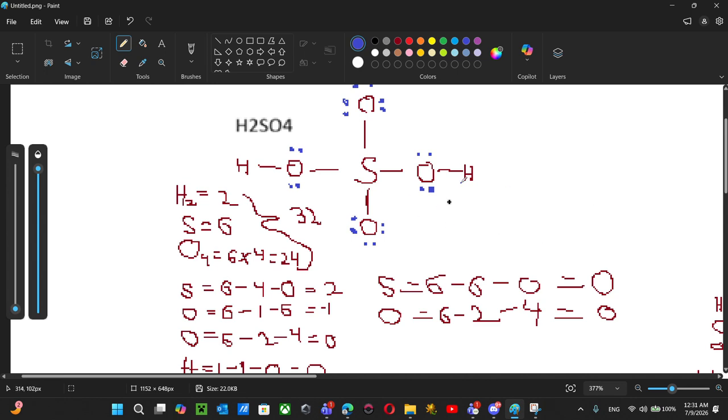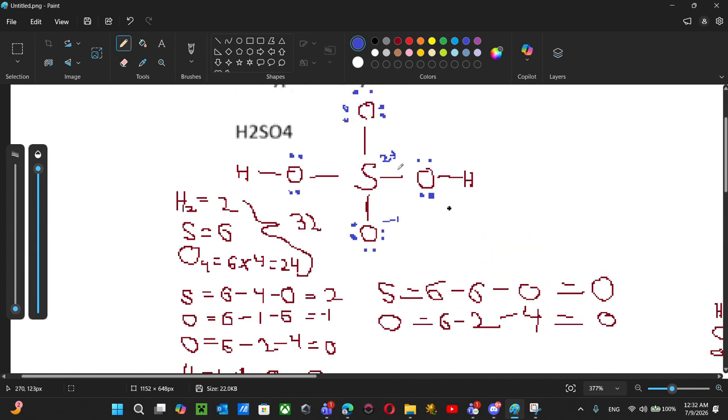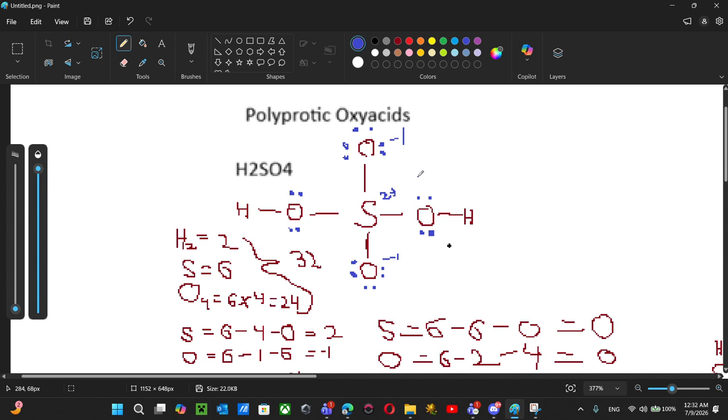So now here we've got the equation for these formal charges. Sulfur would have been 2 plus, and oxygen would have been minus 1, minus 1. But I'm trying to make the best Lewis structure, so I have to get this to 0. So you just eliminate a set of electrons and you add it as a bond.